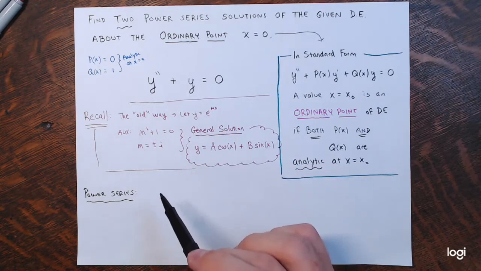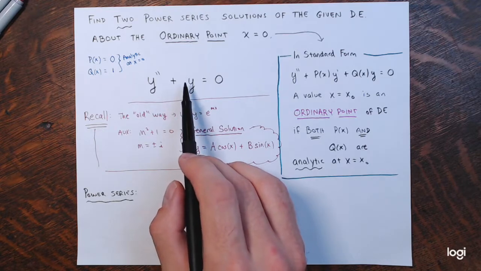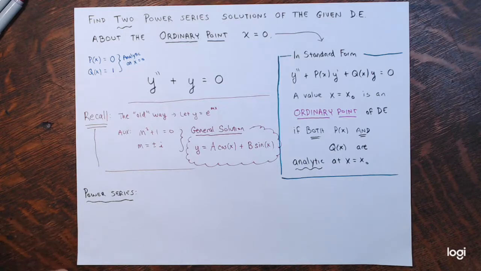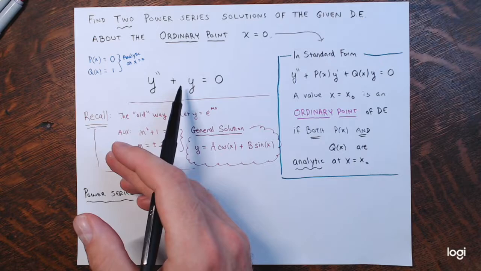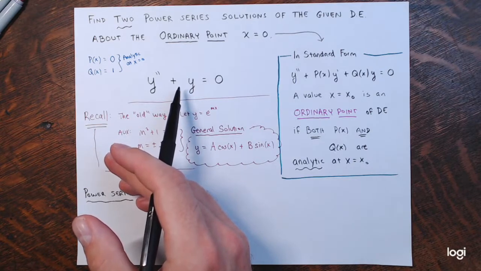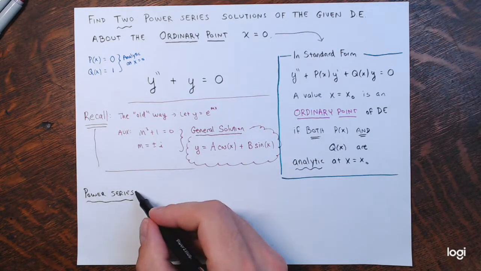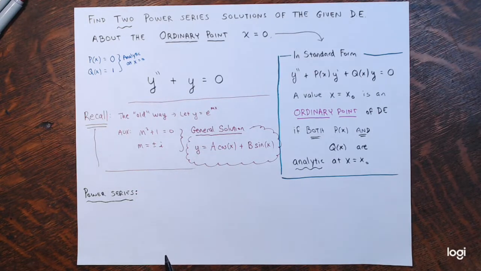In my second example, I'm going to simply add a coefficient that's not constant to one of these terms, and it'll be an equation that in general probably doesn't have any particular method for solving it by an old technique. So we're going to have to go through and find a power series solution, and it won't be nearly as clean as you'll see for this example.